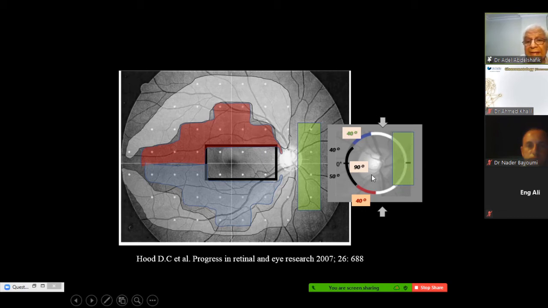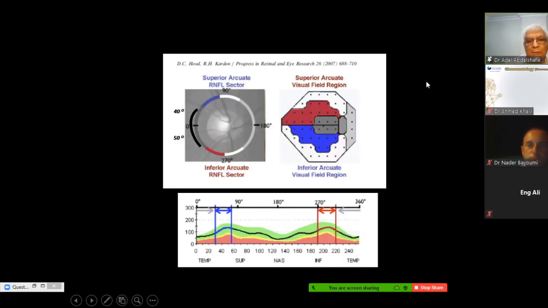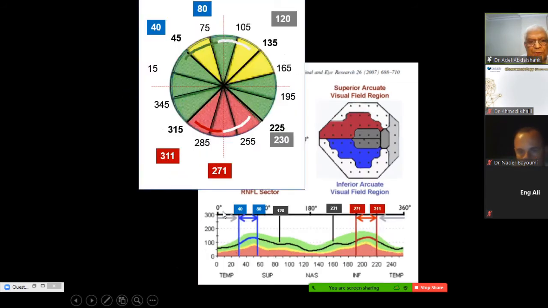So this area is the most important to keep an eye on, because this is the arcuate area for glaucoma. So always keep an eye on this area inferior or this area superior. In the clock hour, they are there.